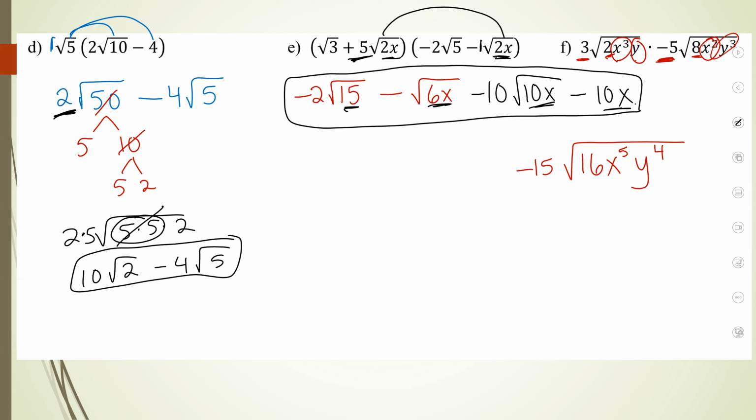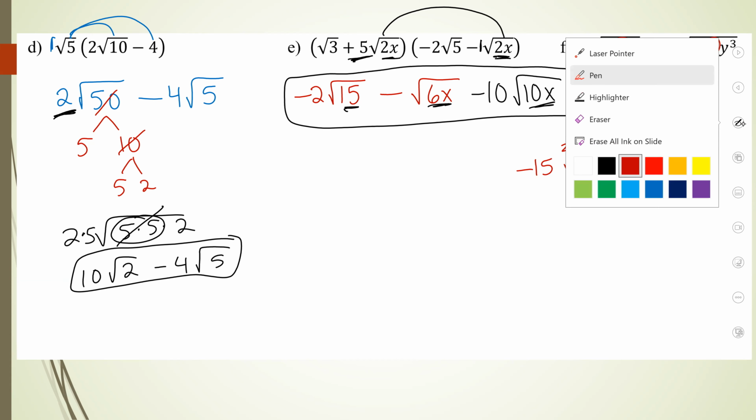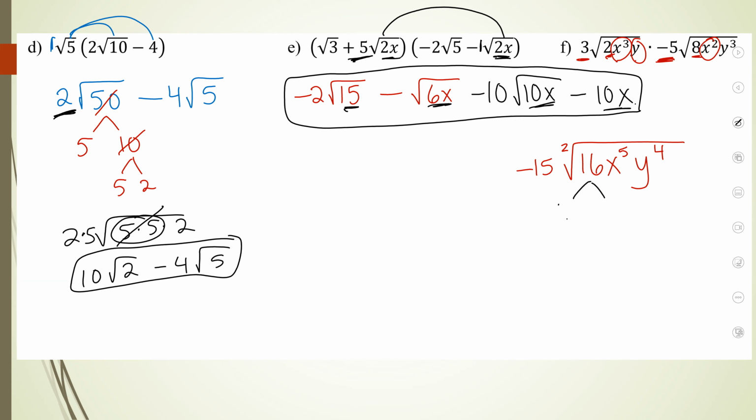Okay, now we simplify. I want groups of 2. So this can be 4 times 4. I can just stop there because I already have a group of 2. And then I'm going to have 5 x's. So x, x, x, x, x, and 4 y's. Okay, so this is what I look like now. Don't forget to bring down this -15.